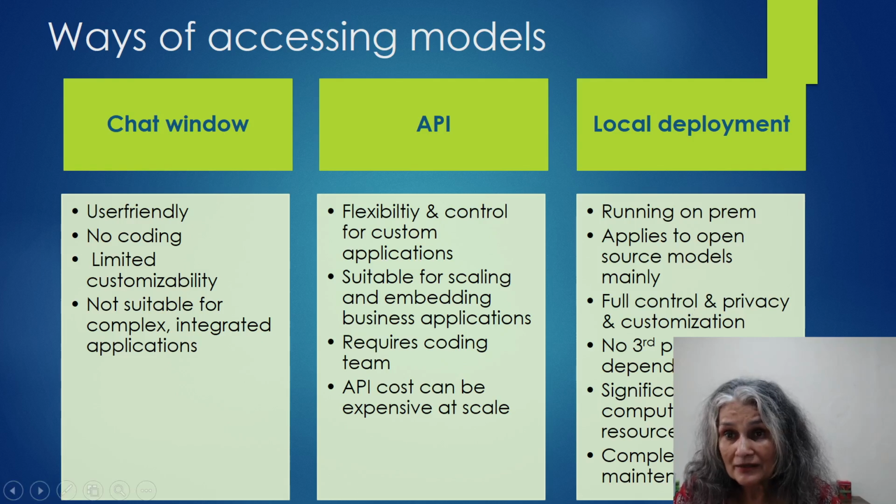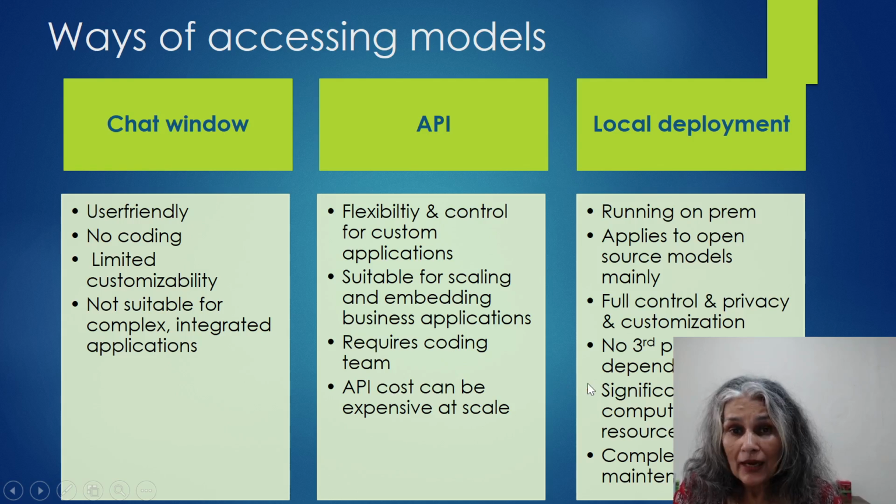So in many ways, this is the option that corporates would like. There are also no third-party dependencies. However, it is associated with significant computational resources, so companies have to build up huge data centers for this, and both the setup and the maintenance are highly complex and require a very advanced team.